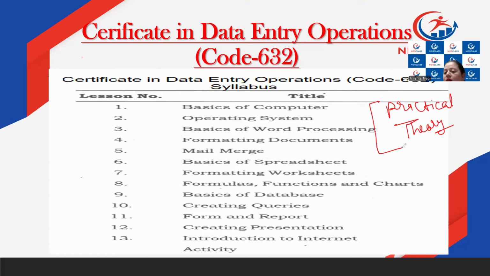Okay, these two exams you need to attempt in one go, one time practical, one time theory. For practical, you need to maintain a practical file. If you join the course in NIOS class, we are providing you everything: the chapter explanation, practical file, theory assignments, everything we will help you out with.